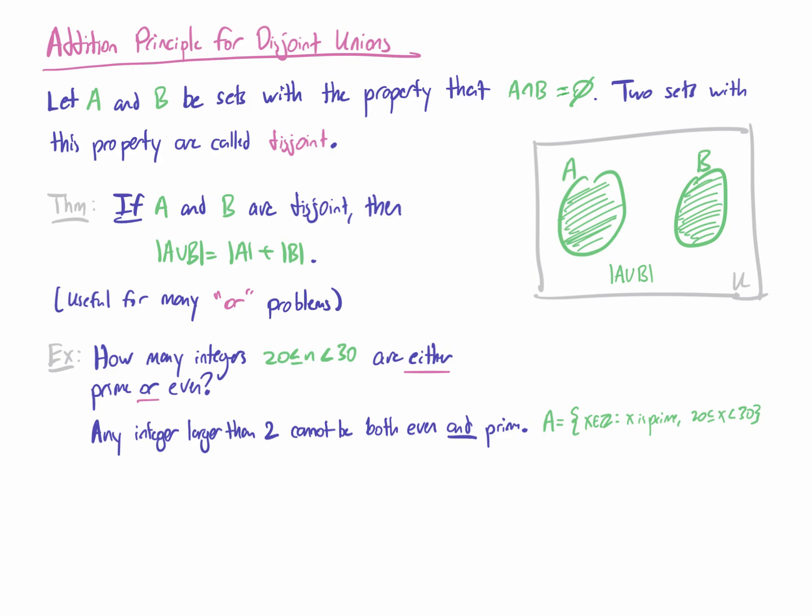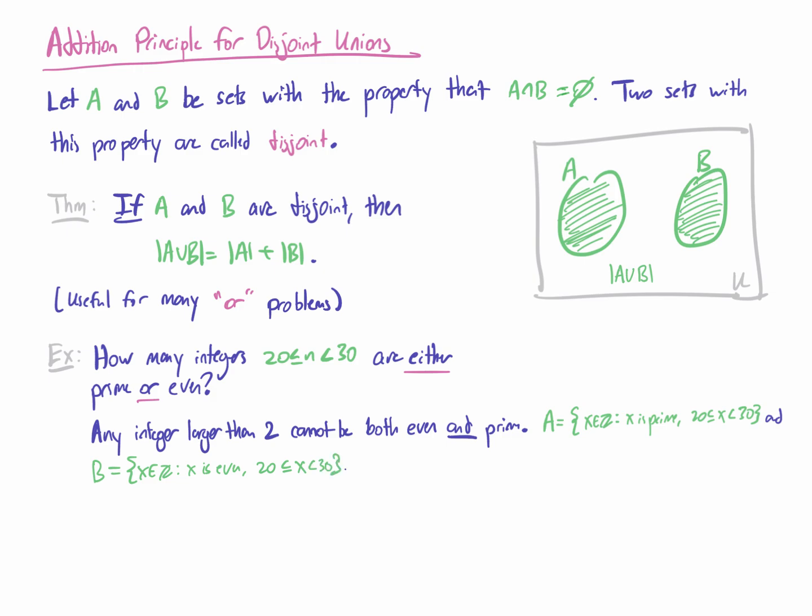That's my set of primes. And I'll define another set, B. This is going to be my set of even numbers, x in the integers with the property that x is even, and x is greater than or equal to 20 and strictly less than 30.